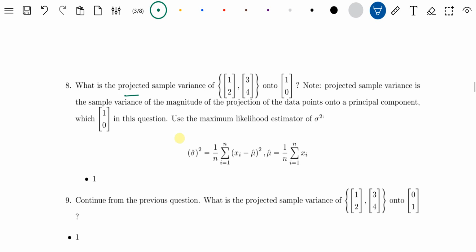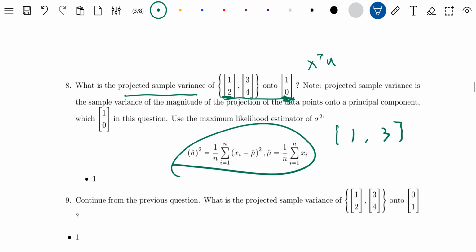And here we want to find the projected sample variance. So first you need to project these two onto 1, 1, 0, or you can just find the magnitude of the projection. So magnitude of the projection is just x transpose u. So this, basically this dot product this. So the first one is 1, the second one is 3. So now you find the two magnitudes, and then you substitute into whatever this formula is.